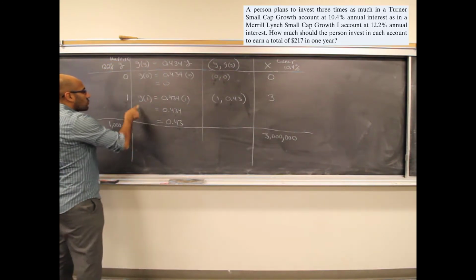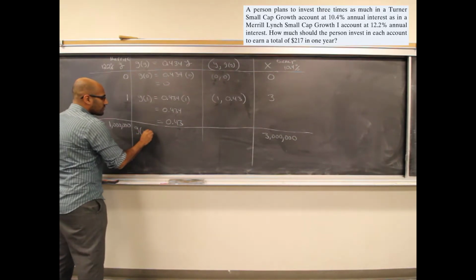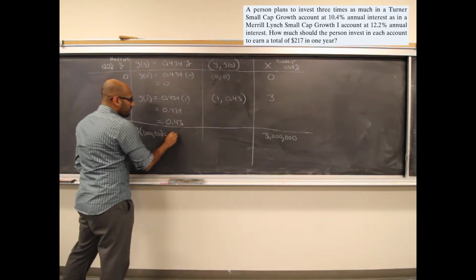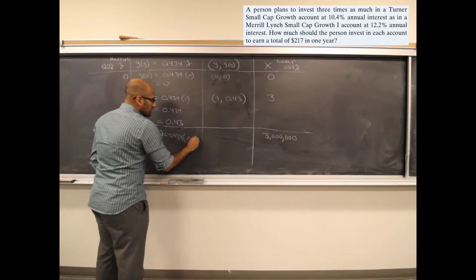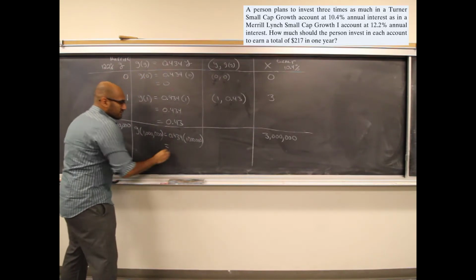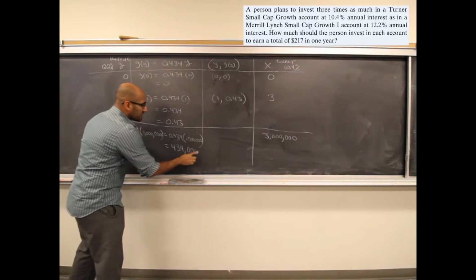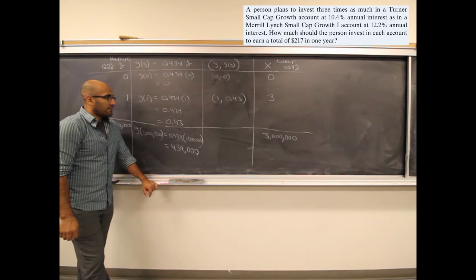So if they invest $1 million, this would be G of 1, 2, 3, 1, 2, 3 equal to 0.434 times 1, 2, 3, 1, 2, 3. And what do we get as an answer? $434,000. It's not bad.